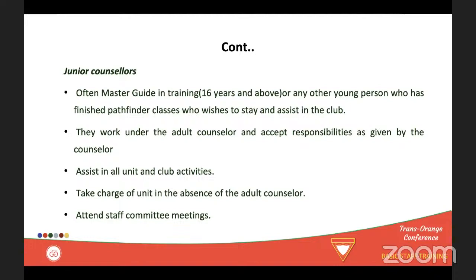Please monitor and make sure that they are doing their work and they are not playing around or idle. So junior counselors work under the supervision of an adult counselor. Let's move on to the next slide.